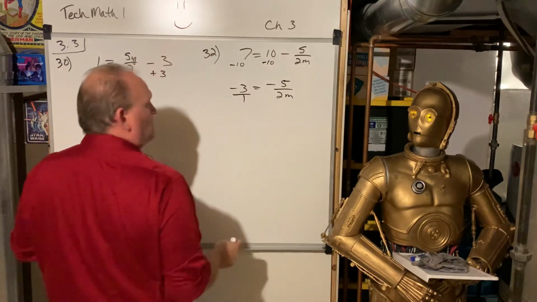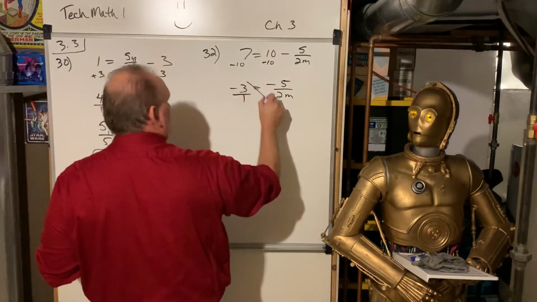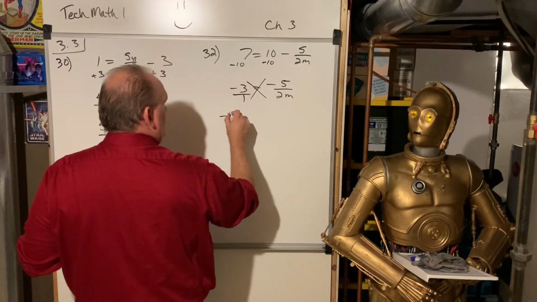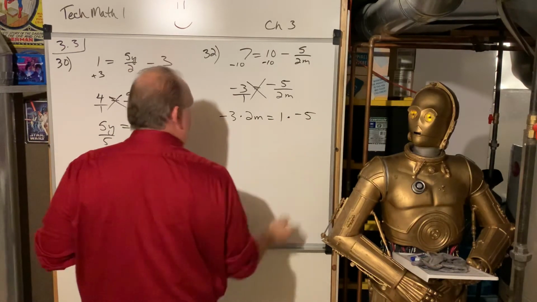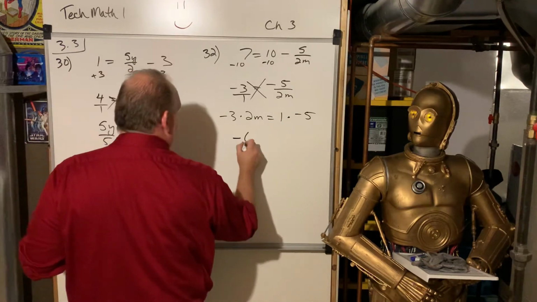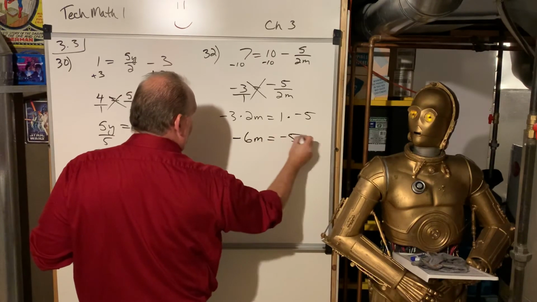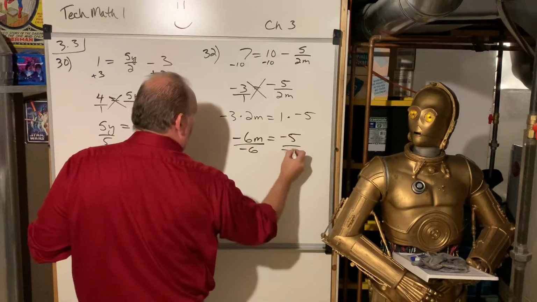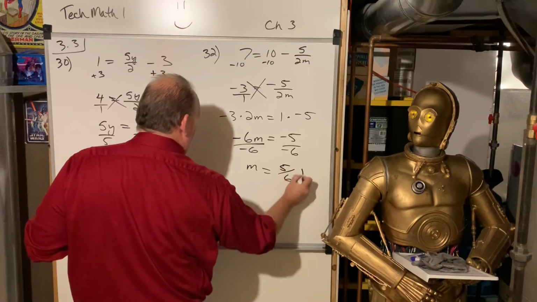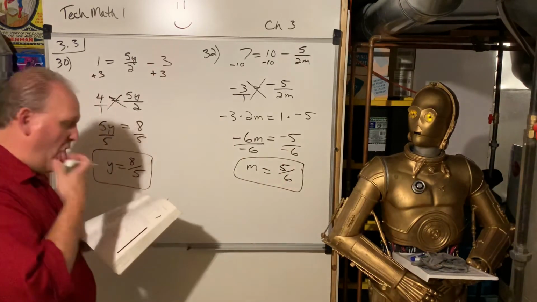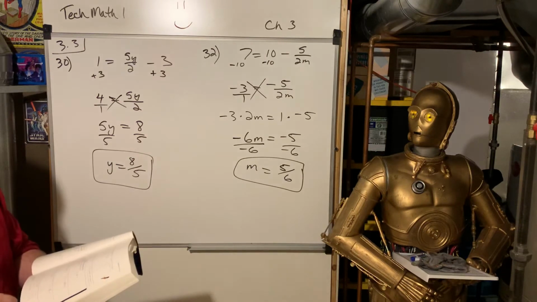And remember that's over 1, so cross multiply and solve. Negative 3 times 2m equals 1 times negative 5. So that is negative 6m is equal to negative 5. And then divide both sides by negative 6. A negative divided by negative is a positive 5/6. All right.